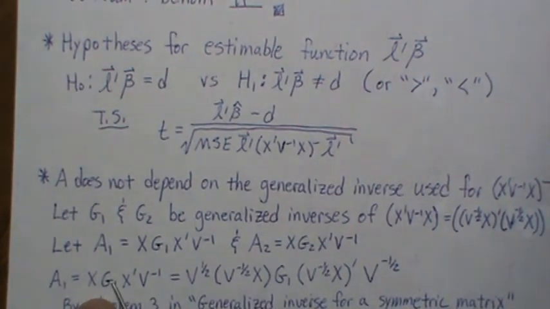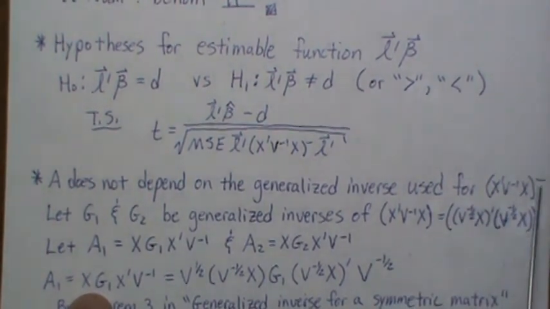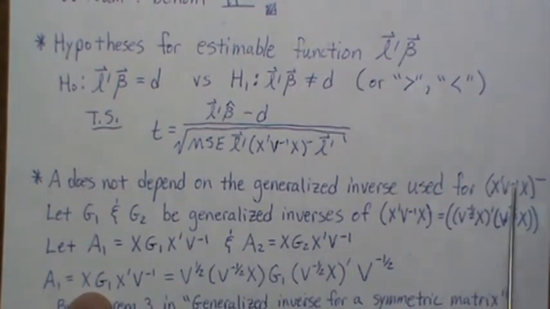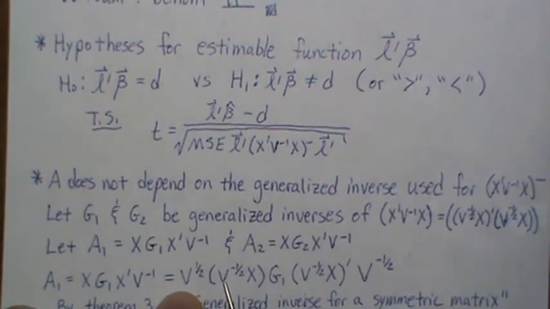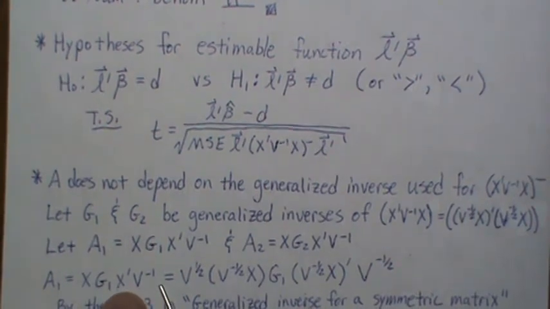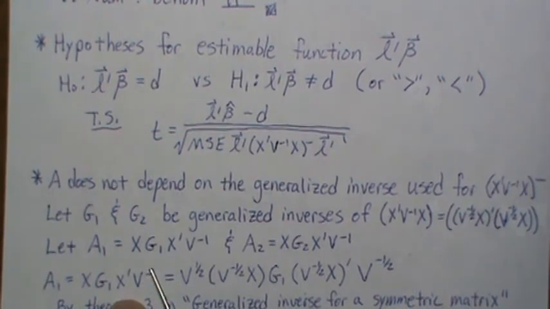Now, normally G1 is of the form this. You know, it's the inverse matrix for this matrix. But if we pre-multiply by the identity matrix, which is this, and split it into V to the minus 1/2 times V to the minus 1/2, then that is this.